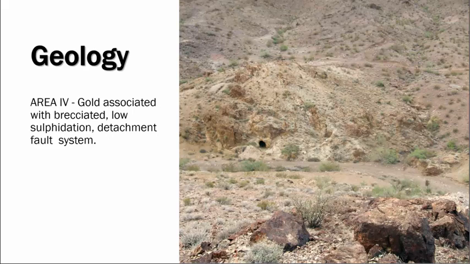The top and bottom of this zone is in many cases a sharp contact between broken but not brecciated volcanic and sedimentary rocks above, intensely chloritized and moderately to poorly broken Precambrian gneiss and schist below. The picture is from what is referred to as Area 4. You can see the detachment fault on the bottom with the yellow sericite alteration overlain by the tertiary volcanics.